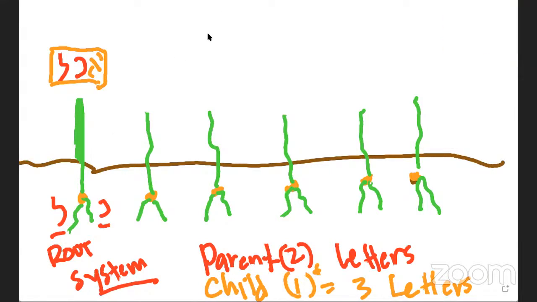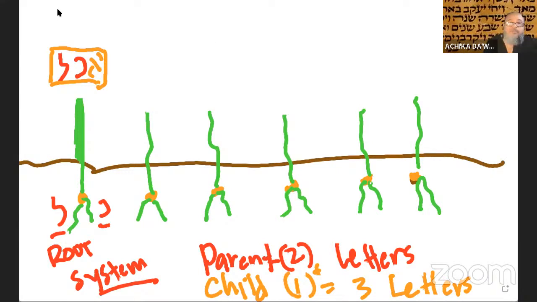And what does akal mean? To eat. Okay, so it means to eat. That is the simple definition of the meaning of this child. To eat.